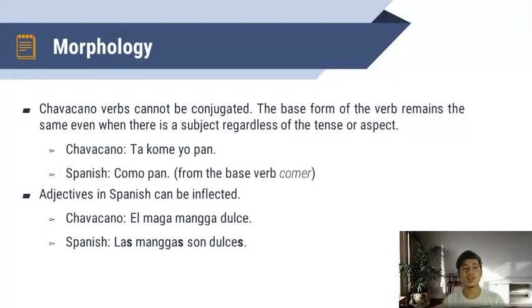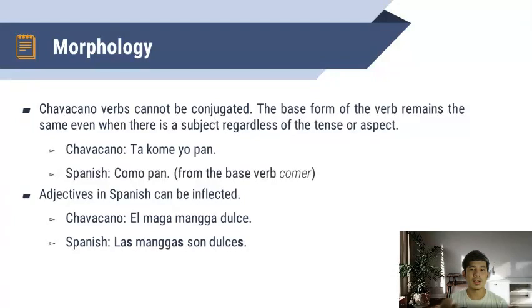So in Spanish, you can also say yo como pan, or you can drop the subject, como pan, because the word como, or the letter O in the verb como, signifies that the subject is already yo. If the subject, for example, is él or ella, which means he or she, then the verb also changes its structure. So yo como pan will become él come pan.